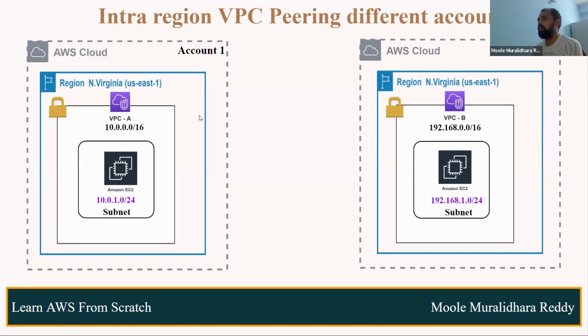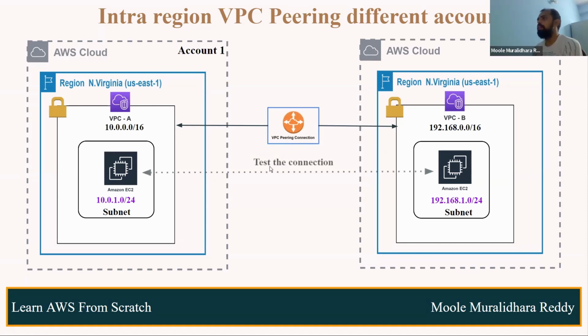Usually, VPCs in account 1 and account 2 are isolated by default, so we don't have any communication. So what do we have to do? One of the ways is using a peering connection, with which we can set up the connectivity between VPCA and VPCB. Then we will test the connection.